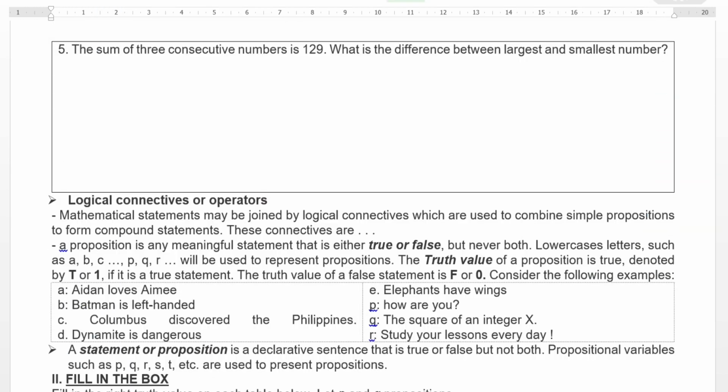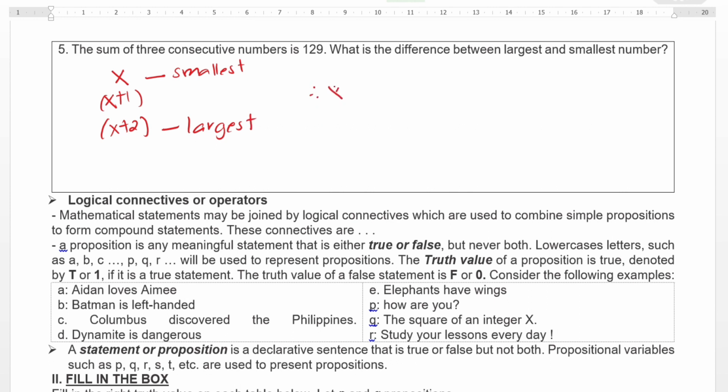For problem number 5, the sum of three consecutive numbers is 129. What is the difference between the largest and smallest number? We have x, x plus 1, x plus 2. Smallest, largest.